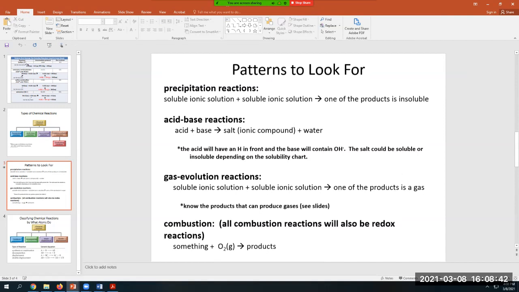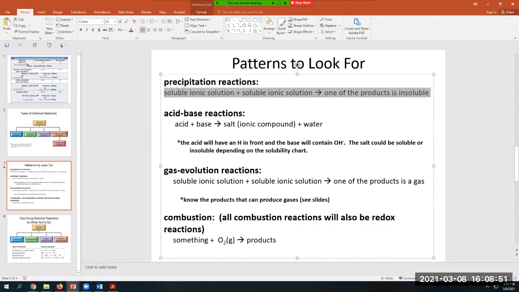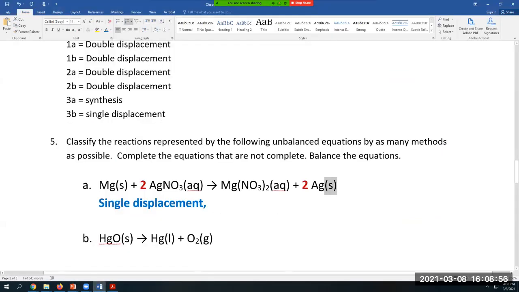You need 2 soluble ionic solutions, and you make 1 insoluble product. Here we have only 1 solution, and the other is a piece of metal. So that's not a precipitation reaction. It is not an acid-base either. And it's not a gas evolution, because we don't have a gas. So it looks like it's an oxidation reduction reaction.